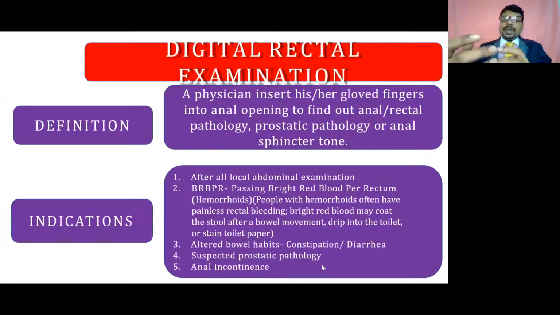Some people are habituated to passing feces maybe once weekly. Diarrhea is an increased frequency of excretion of stools in liquid form. In those conditions we have to assess properly whether it is because of any intestinal abnormality, rectal abnormality, or anal sphincter abnormality, so we have to rule out.